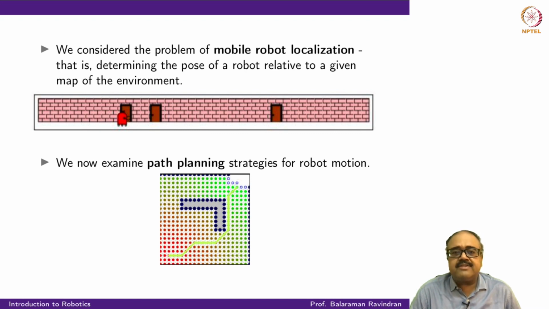So you can think of this as a graph where each node has 8 neighbors. Some nodes will have fewer: this one has only 5 neighbors, this node has only 5, and this node has only 3. Nodes that are here actually have neighbors that are not reachable.